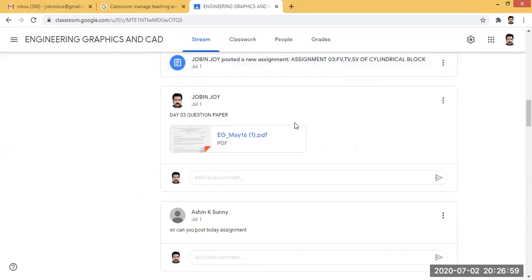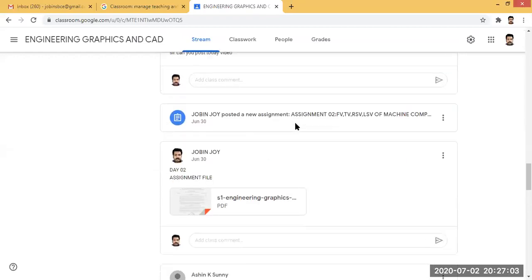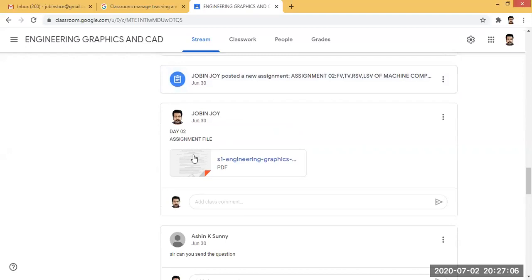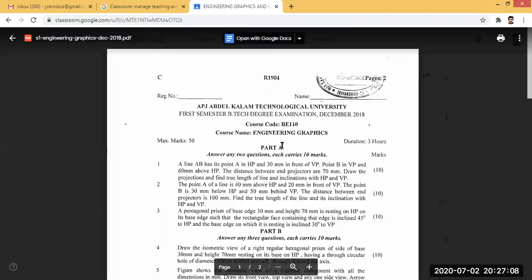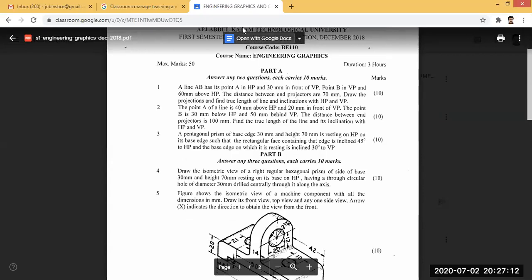Then the next assignment, yeah, this is the next assignment. Here again, you have to create the pentagonal prism of side 30 and height 70. You have to create this 3D object, pentagonal prism. Only you have to create that object. That's it.